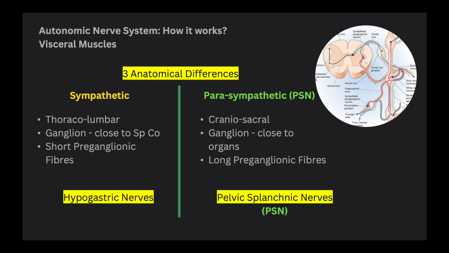With their inherent similarities also, the sympathetic and the parasympathetic system have three anatomical differences. First is that the peripheral ganglion is arranged in a chain in sympathetic nervous system, and the chain is thoracolumbar. While in parasympathetic system, the ganglions are not in the form of a chain.